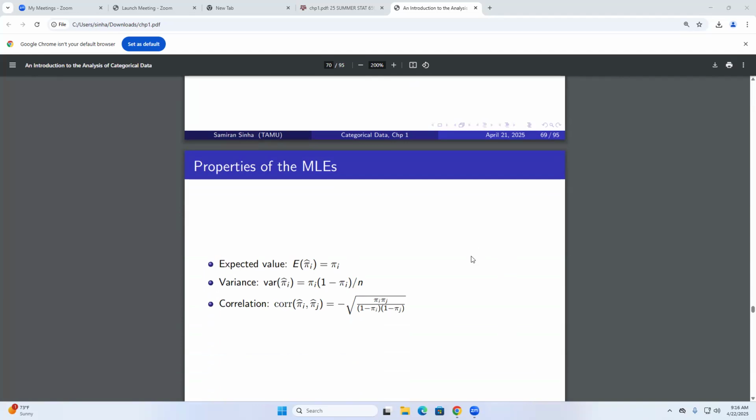That means the expected value of the maximum likelihood estimator of the ith category, pi i hat, is the true probability of that category, pi i. The variance of pi i hat is pi i times 1 minus pi i over N. N is the number of observations in your data. And the correlation between pi i hat and pi j hat is given by this expression.